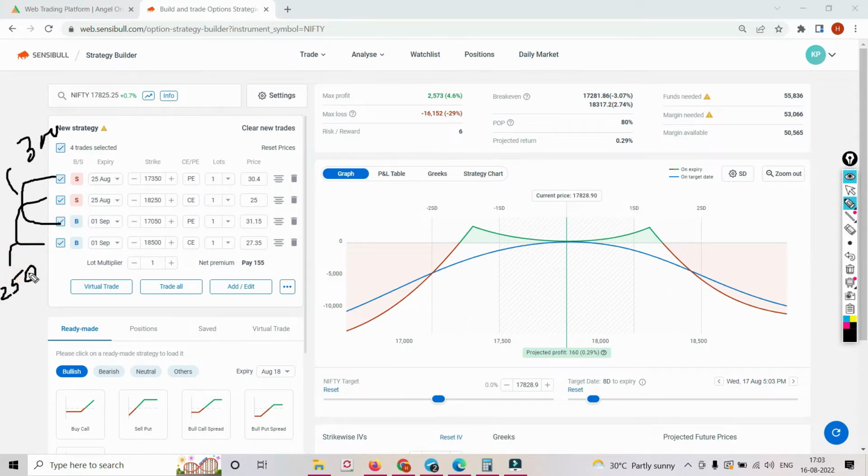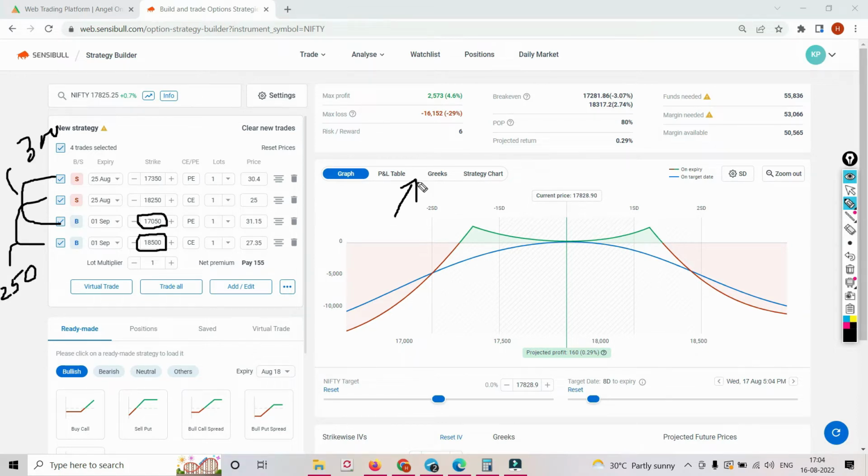I've learned this from one of my gurus. What he says is, whenever we go for calendar spreads, why do we go for calendar spreads? I've explained each and everything in that 120 minutes video. The crux is we go for calendar to get the advantage of rising vega, because whenever the vega rises, the bought premiums, the 18,050 and 17,050, will increase 2 to 3 times compared to a sold position.